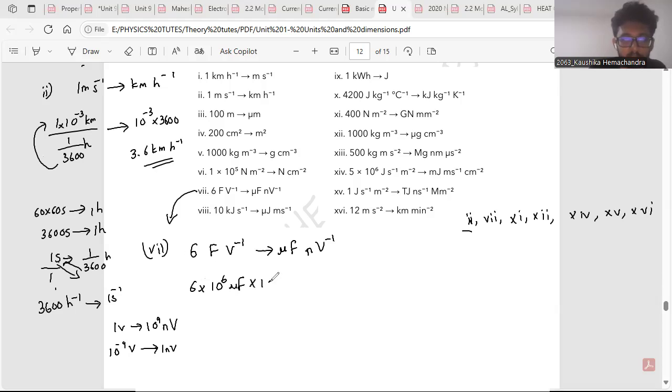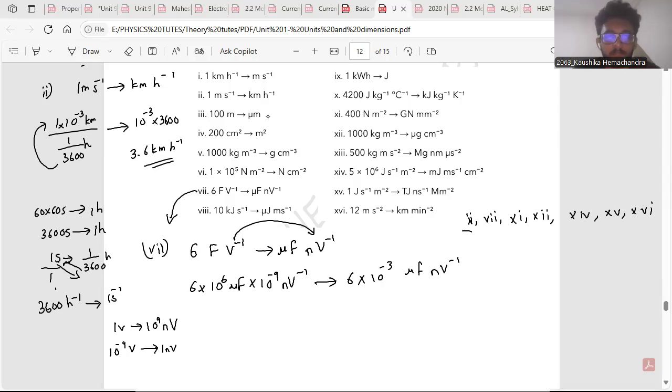So it's actually 10 to the power minus 9 per nanovolt. Here it's a big value to a small value. So you get 6 into 10 to the power minus 3 microfarad per nanovolt, right?